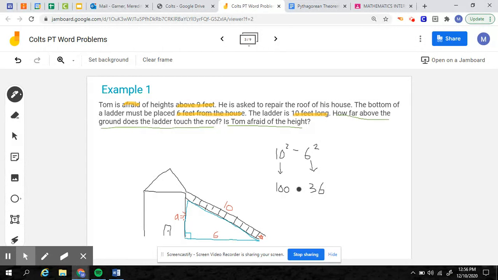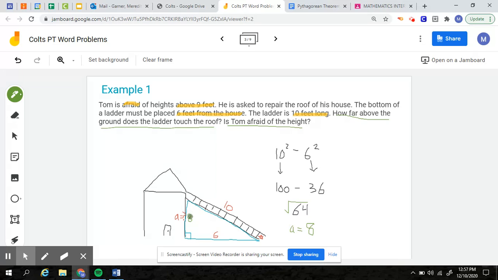When I subtract those two things, 100 minus 36, I get 64. And then my last step when solving the Pythagorean theorem is to take the square root. So I'm going to take the square root of 64, and I get that missing side to be 8. So A equals 8.